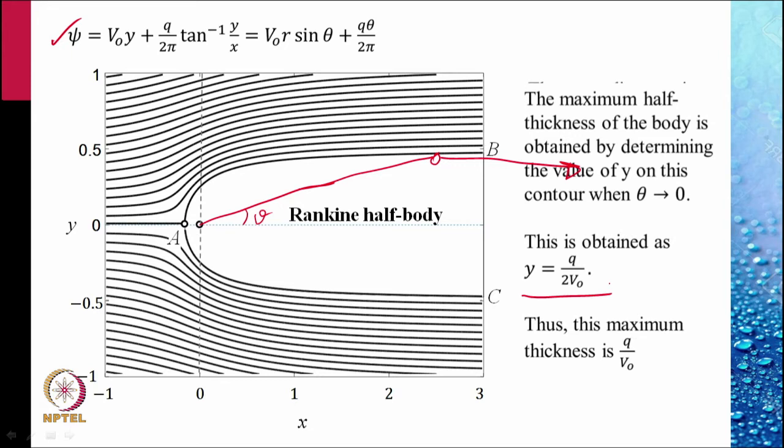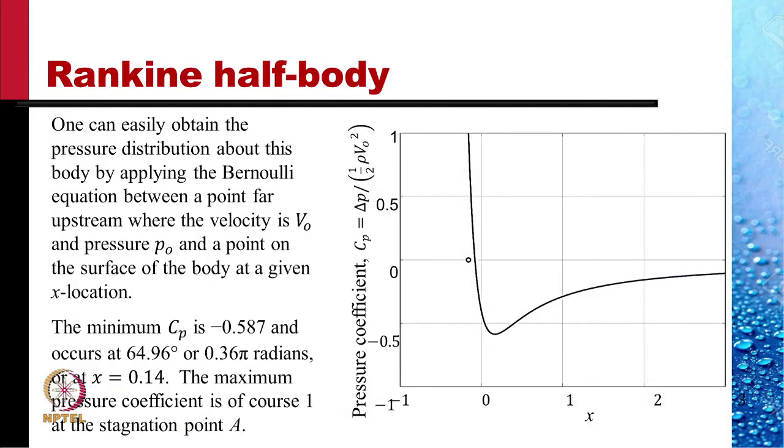We can do all kinds of manipulation once we know the stream function psi and the potential function phi. We can easily obtain the pressure distribution about this body by applying the Bernoulli equation between a point far upstream where the velocity is V naught and the pressure p naught, and a point on the surface of the body at a given x location.